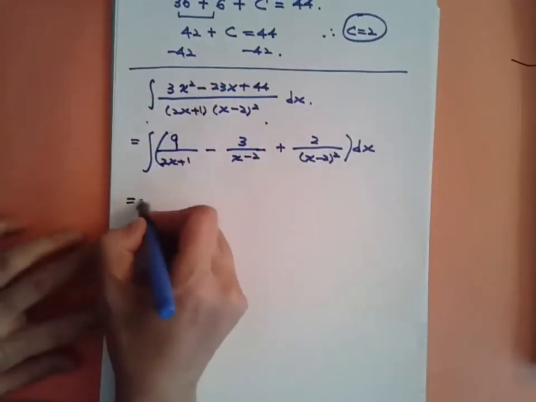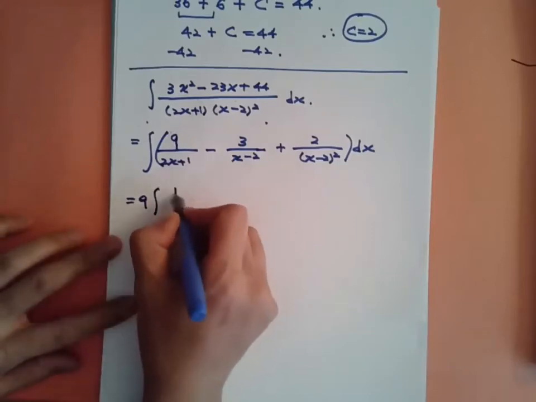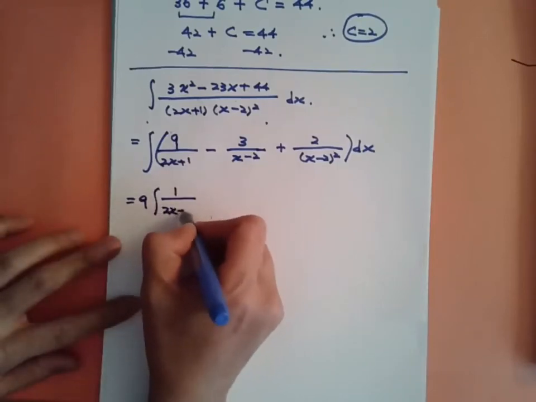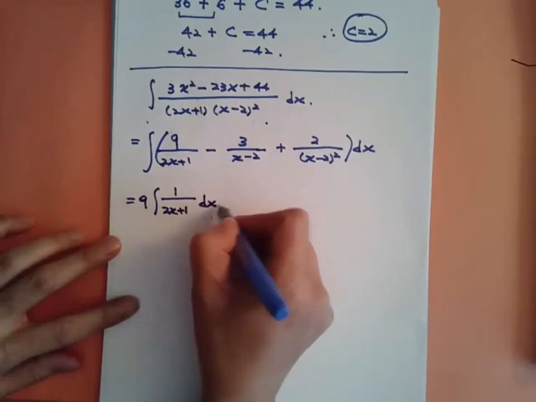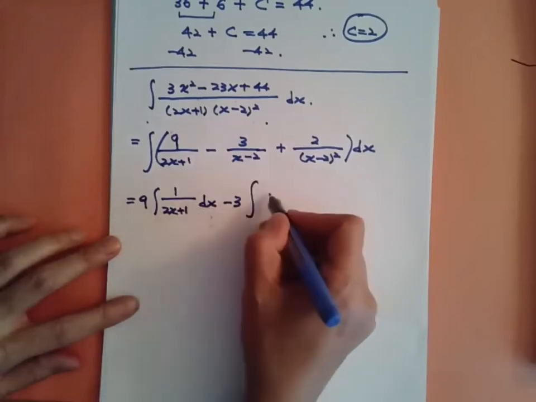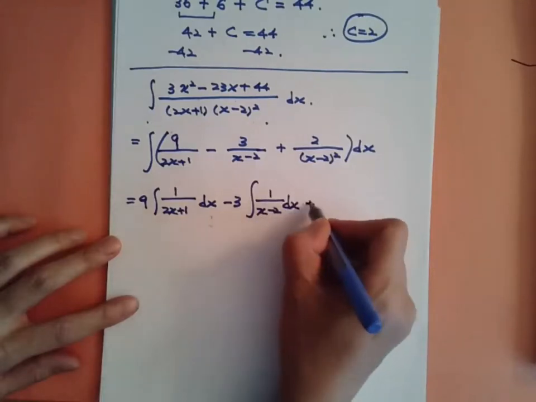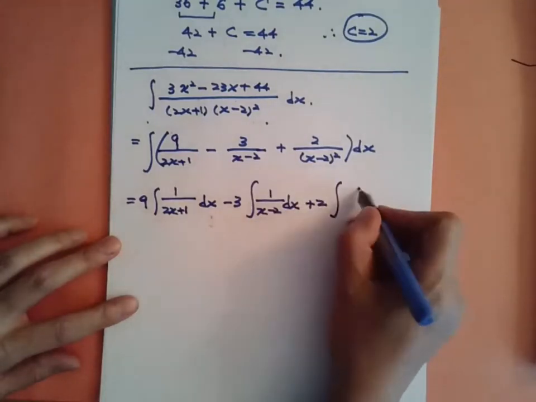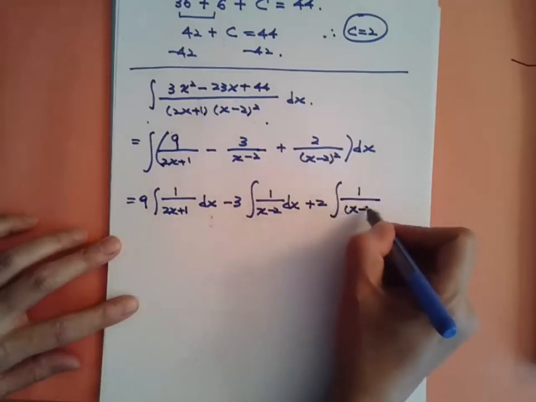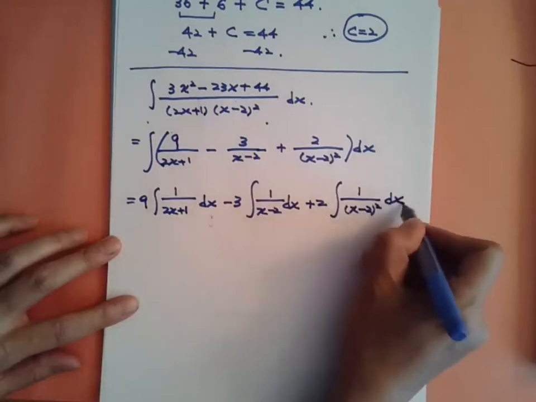So that is 9 times the integral of 1 over 2x plus 1 dx, minus 3 times the integral of 1 over x minus 2 dx, plus 2 times the integral of 1 over x minus 2 squared dx.